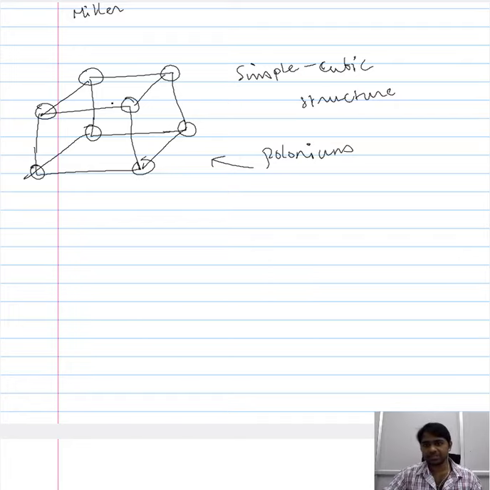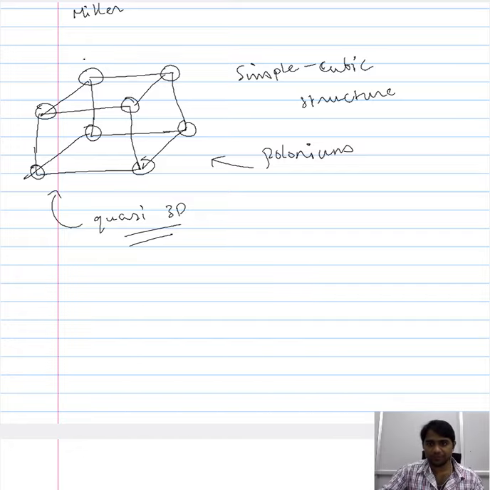Now this representation is a quasi three-dimensional representation. The way we represent the crystalline arrangement of a material that adopts a simple cubic structure is through a unit cell, and this unit cell is a quasi three-dimensional setup. This requires a three-dimensional consideration.